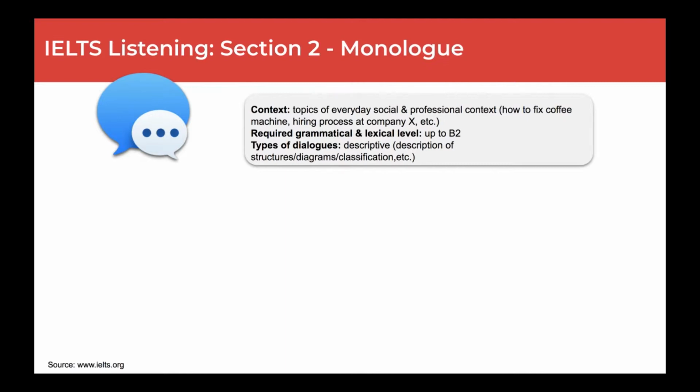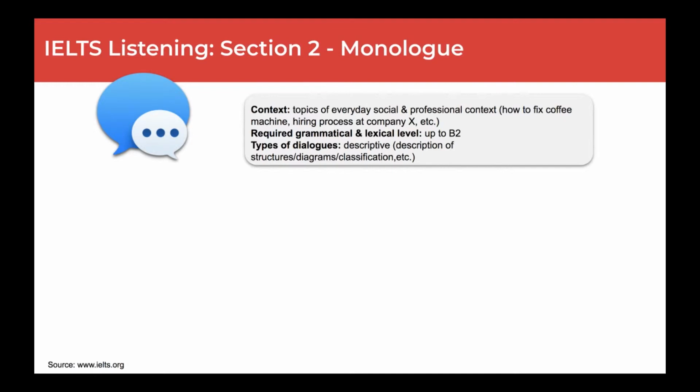You may be introduced to certain software in a company and you need to be able to listen and understand how it works. So the required grammatical and lexical level here is a bit higher than in the listening section 1 because we add professional context as well. And the types of dialogues will still be more of a descriptive nature. However, their variety is a bit wider.